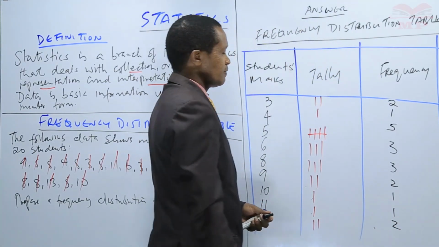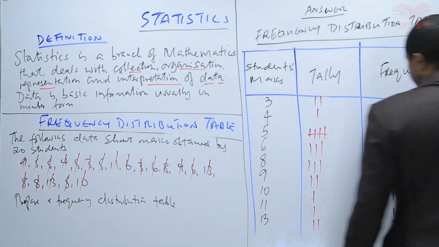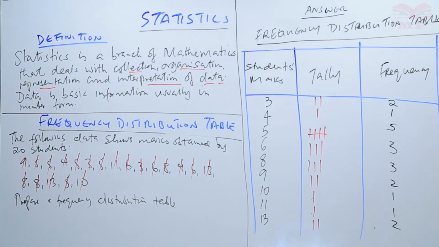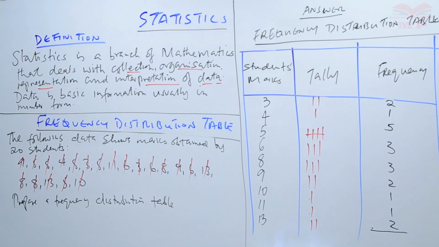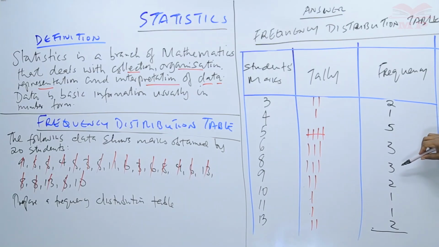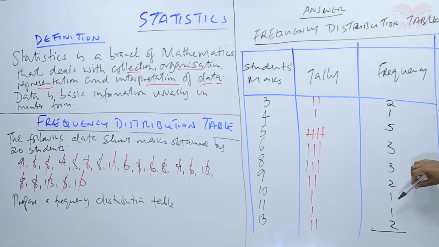So we have done the tallying. We have inserted the number of times, that is the frequency. Then we add, and this should give us 20 because there are 20 students. So 2 plus 1, 3 plus 5, 8 plus 3, 11 plus 3, 14 plus 2, 16 plus 1, 17 plus 1, 18 plus 2, 20.